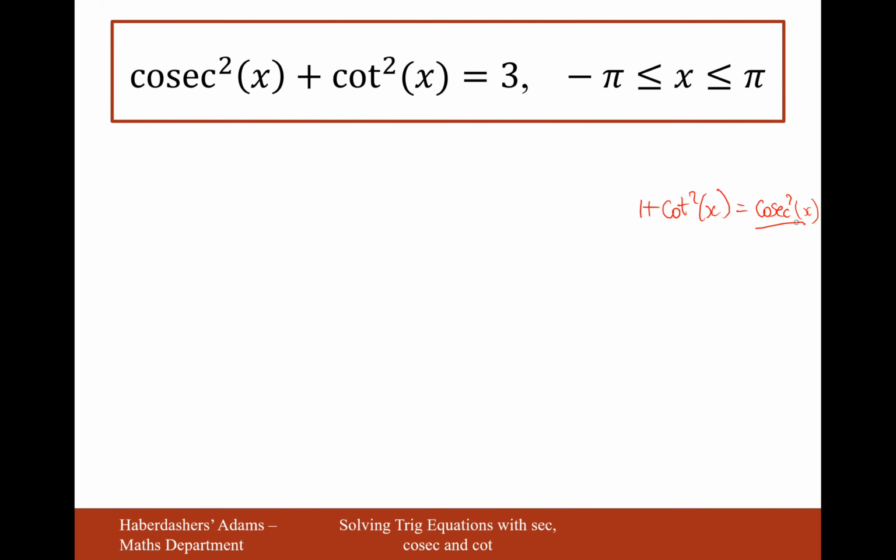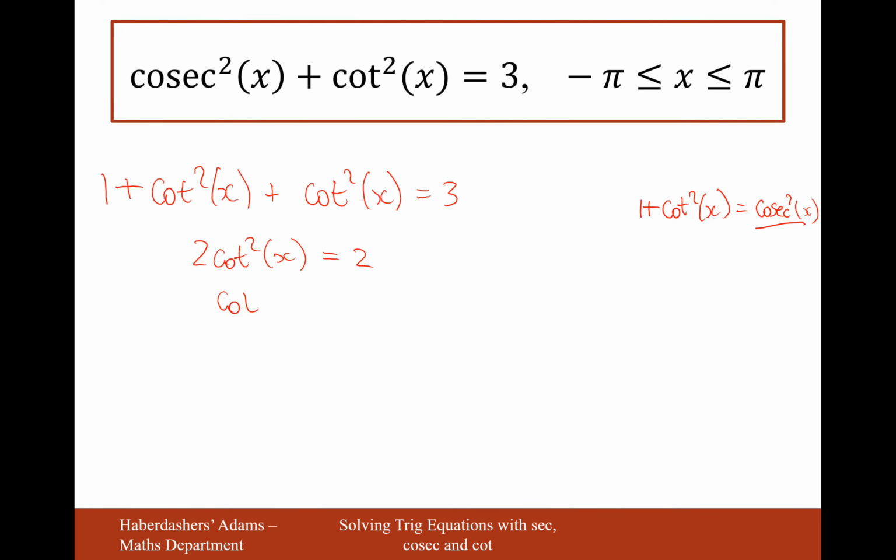I think I'll turn cosec into cot, so I'll do it this way. 1 plus cot squared x plus another cot squared x equals 3. Tidy up and take away the 1 onto the other side, so it'd be 2 cot squared equals 2. So therefore cot squared x equals 1.